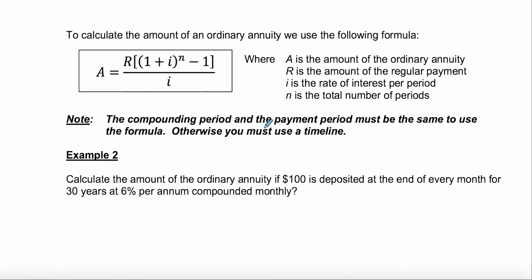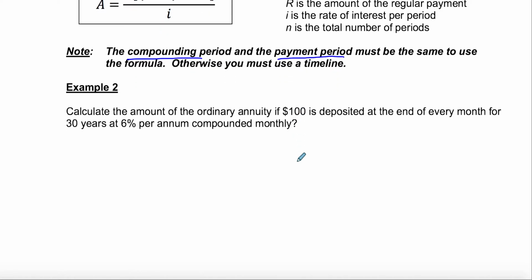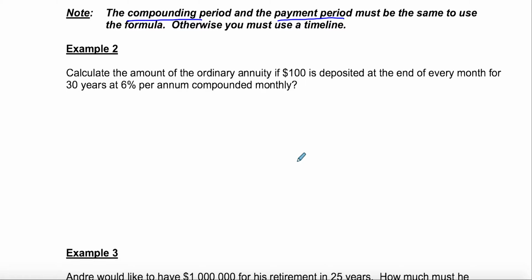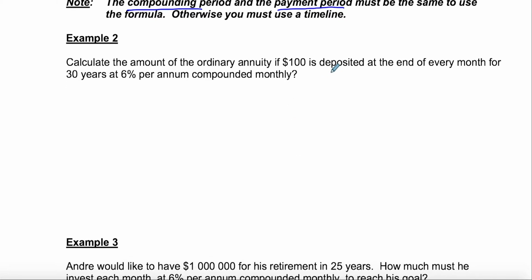One thing that we are going to be careful of, not every example has to be this way, but for us, the compounding period for our examples is going to be the same as the payment period. So that's going to make this a little bit easier for us for this lesson. So calculate the amount of the ordinary annuity of $100 if $100 is deposited at the end of each month for 30 years at 6% per annum compounded monthly.